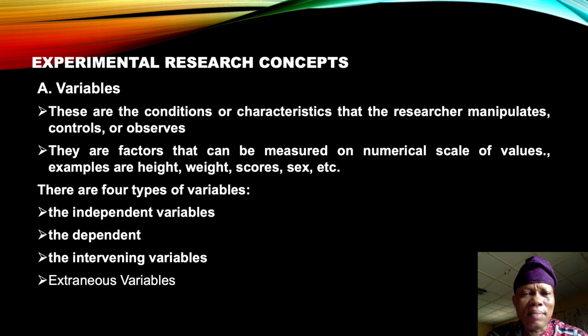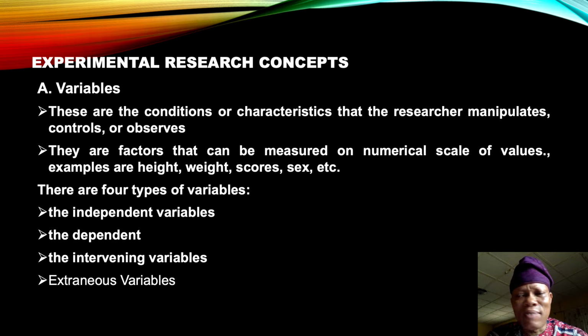They are factors that can be measured on a numerical scale of values. Examples are height, weight, score, sex, etc. There are 4 types of variables here. We have the independent variables, the dependent variables, the intervening variables, and the extraneous variables.